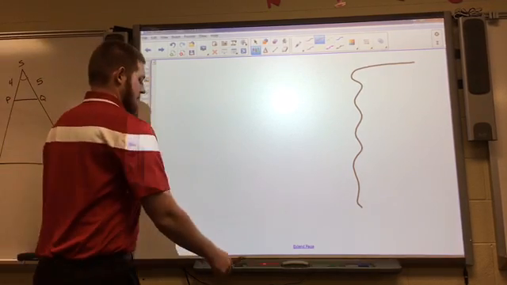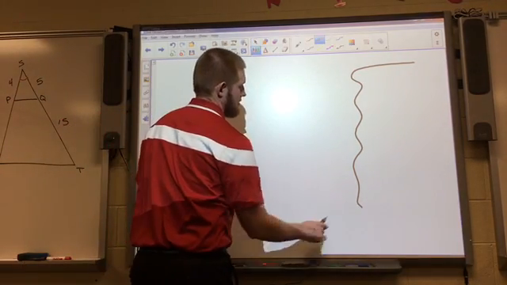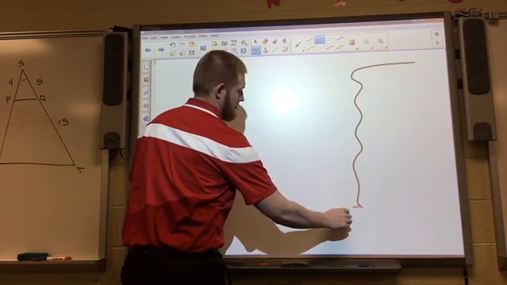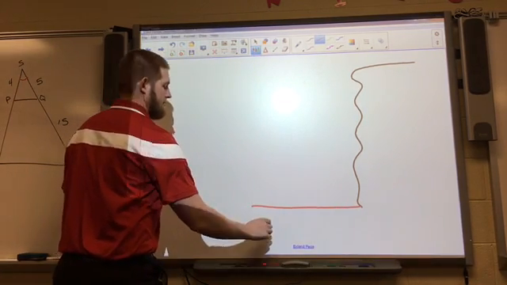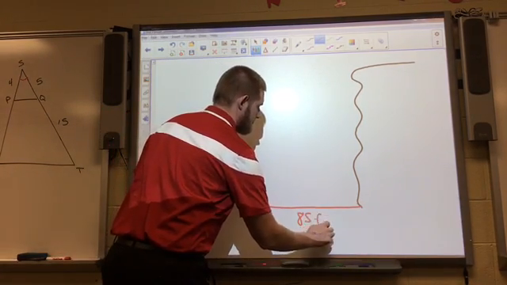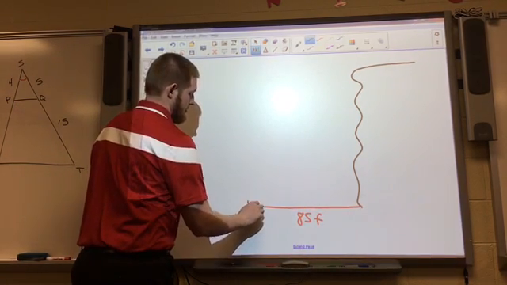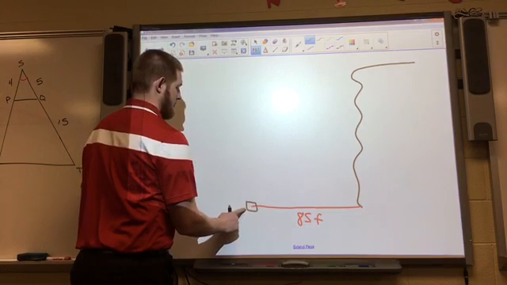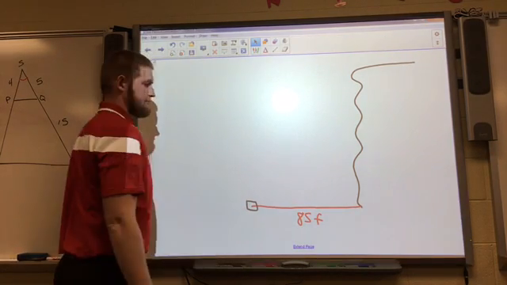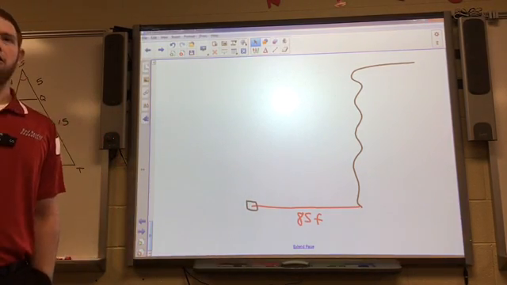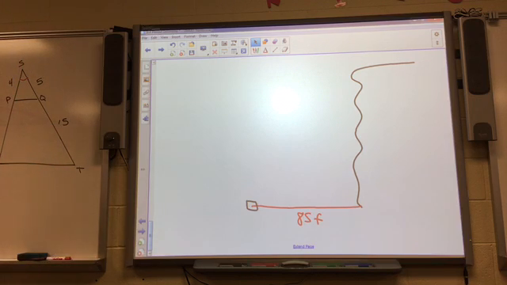He starts at the base of the rock wall, backs up 85 feet, and lays something on the ground. What is it? A mirror. He lays a mirror on the ground.